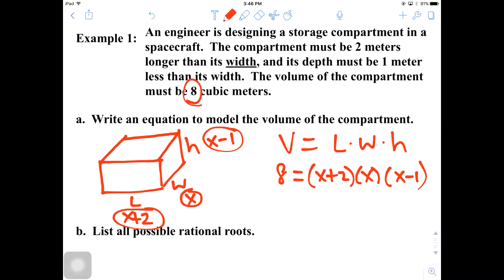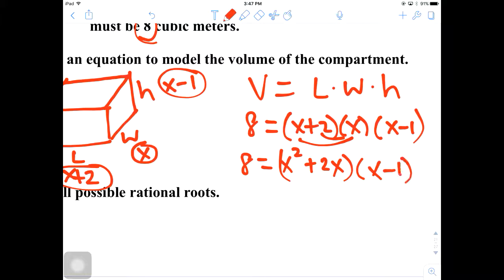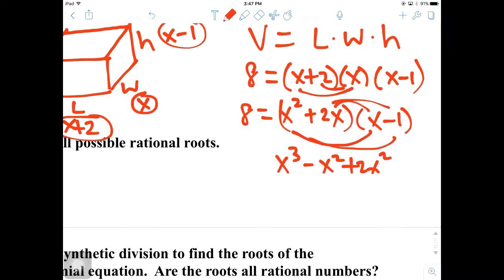So we're going to simplify the problem by distributing the x through. So we will have x squared plus 2x, and then we still have the x minus 1 in the back. And then we're left with a 2 by 2, so we're going to FOIL. On the right hand side we're going to have x cubed minus x squared plus 2x squared minus 2x.